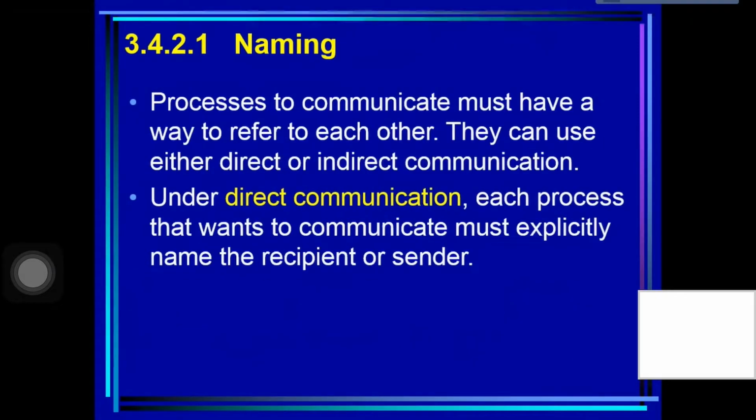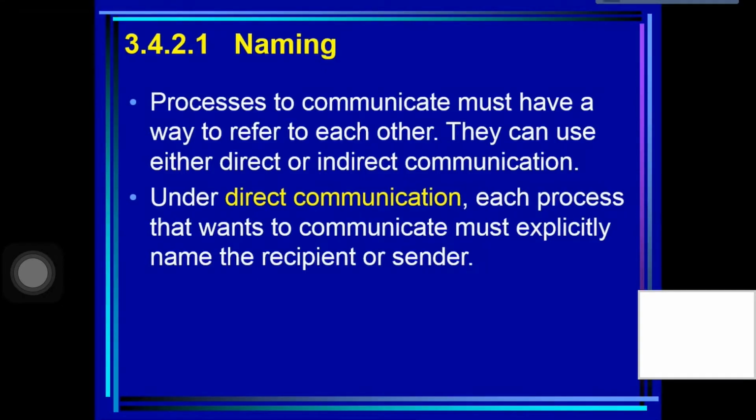First, naming. Processes that want to communicate must have a way to refer to each other. They can use either direct or indirect communication. In direct communication, each process that wants to communicate must explicitly name the recipient or sender of the communication.